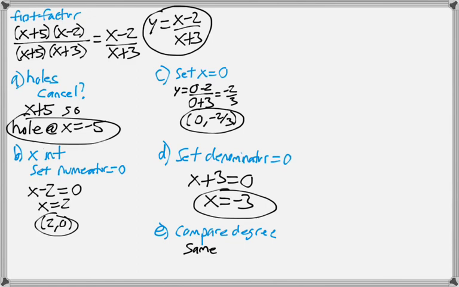So it's going to be the ratio of the leading coefficients. And my leading coefficients here are 1 and 1. So this is going to be y is equal to 1 over 1, or just y is equal to 1.